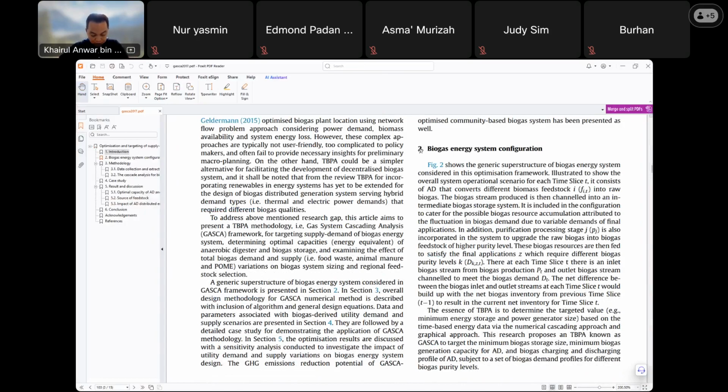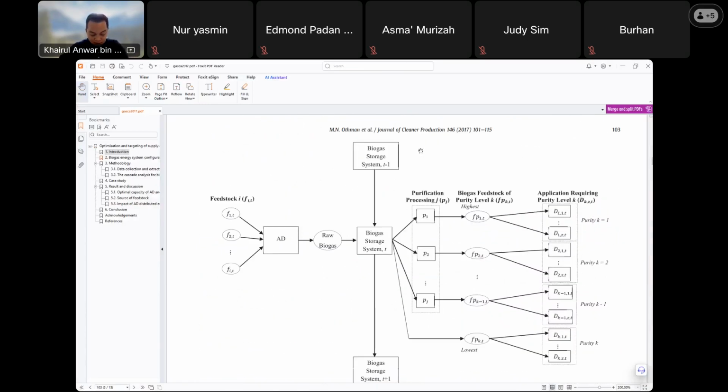So figure 2, this is figure 2. This is the superstructure of biogas energy system considered in this optimization framework, illustrated to show the overall system operational scenario for each time slice T. It consists of AD, stand for anaerobic digester, that convert different biomass feedstock into raw biogas.